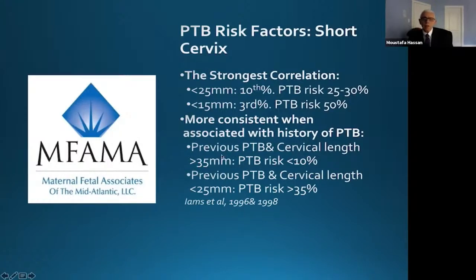So if you have a history of preterm birth, but the cervix is greater than 35 millimeter, really your preterm birth risk is less than 10%, which is like anybody in the normal population. Previous preterm birth and cervical length less than 25 millimeter, the preterm birth risk jumps to 35%, 1/3 of the cases.